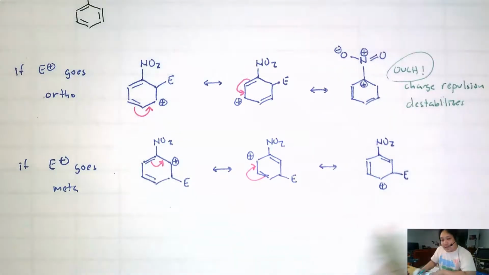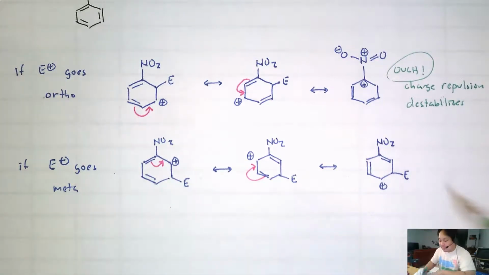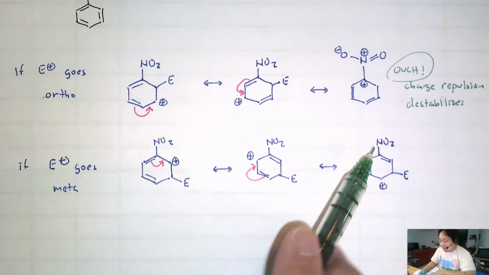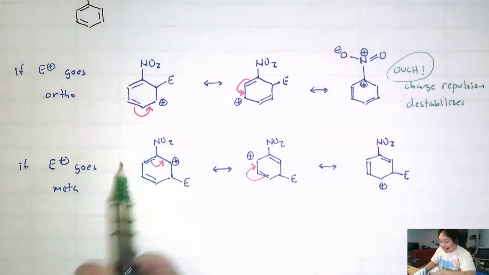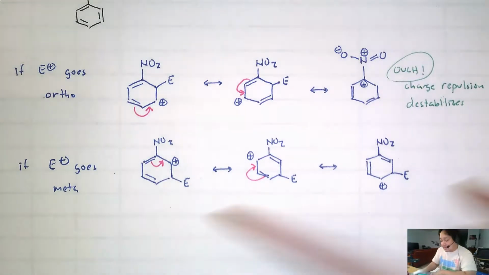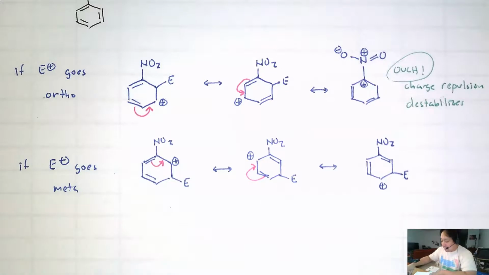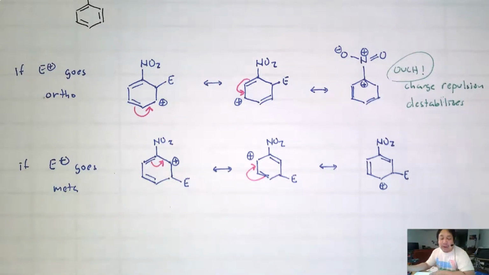Ouch. You notice that when we put the electrophile in the meta position, we never have the plus charge across from this electron withdrawing group. What that means is that this situation is less bad than ortho. It's kind of unusual. For the good groups, the ortho-para directors, we said that ortho and para is a much better, more stable intermediate than the meta.